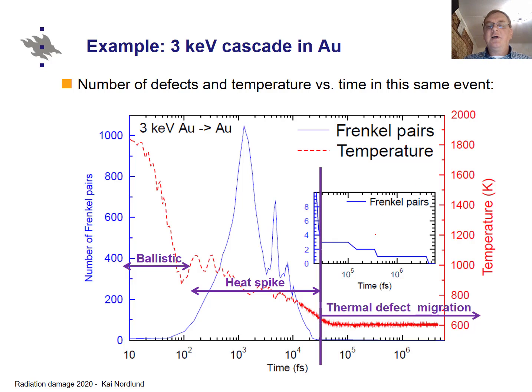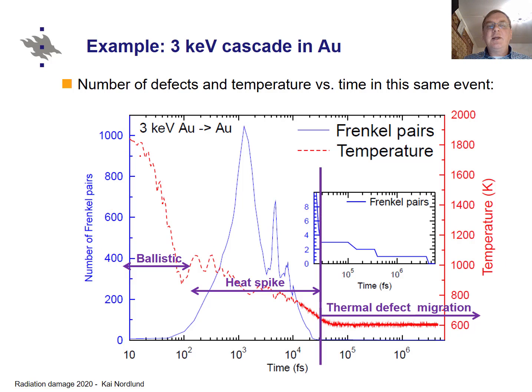These timescale effects are better illustrated in this plot of exactly the same event. This is an individual event, so these numbers would not be meaningful in a macroscopic condition, but this is a single event. Here you see the number of Frenkel pairs as the blue curve, and then the temperature in the system is the red curve on the right-hand side scale.